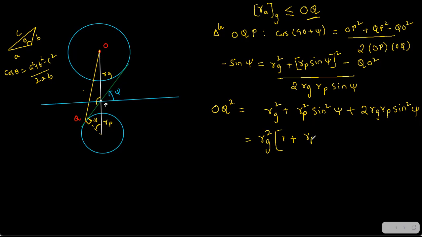So this will be RP by RG whole square, and plus, sorry, here sine square psi, plus 2 times. Now 1 RG is outside, but 1 RG is not present. RG square we need, so multiply by RG and divide by RG. Fine, so I'll get only 1 RG in the denominator: RP by RG here and sine square psi.